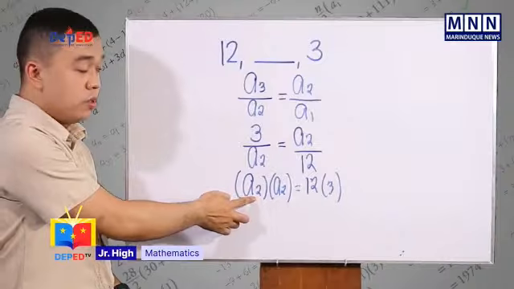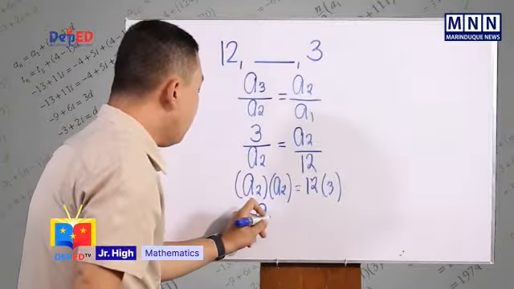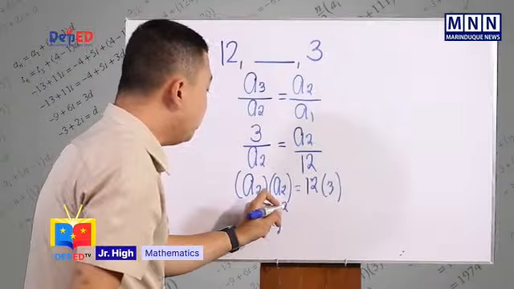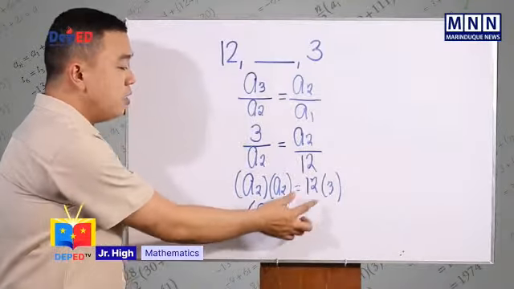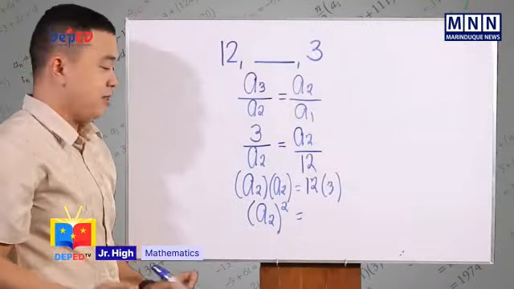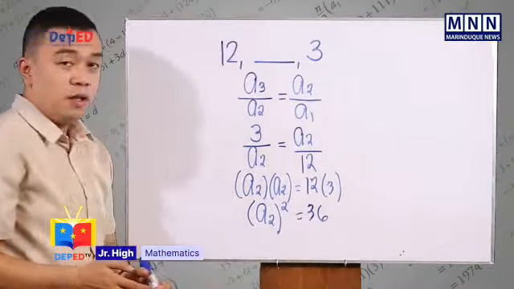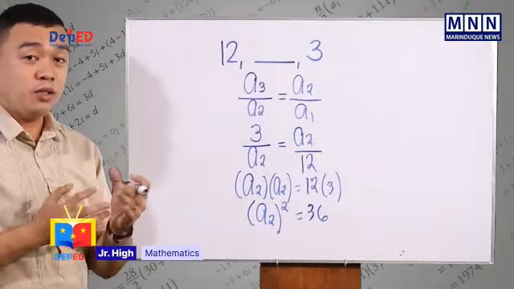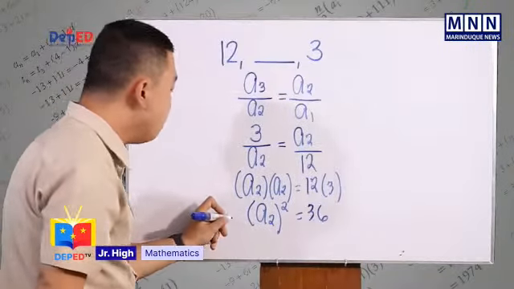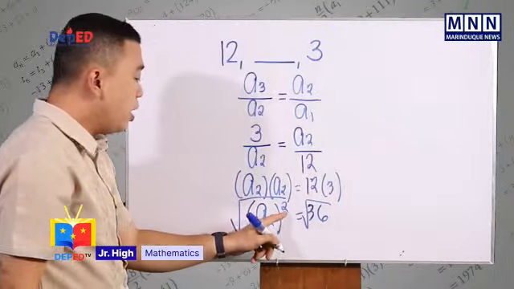A sub 2 times a sub 2 will give us a sub 2 squared. That's correct. And 12 times 3 will give us, correct, that's 36. Next, let's apply getting the square root of each term. So we'll have the square root of a sub 2 squared.